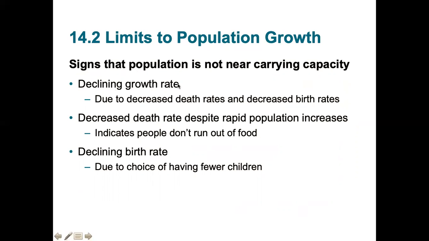If it's a declining growth rate, then that's going to be due to decreased death rates and decreased birth rates. If it's a decreased death rate despite rapid population increases, then people aren't running out of food. Whereas if you have declining birth rates, that's just choosing to have fewer people.